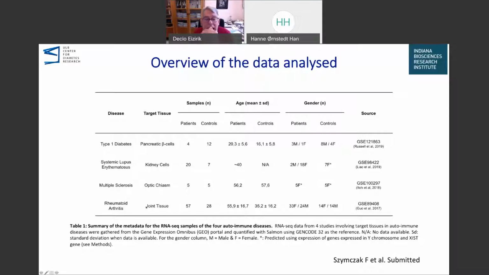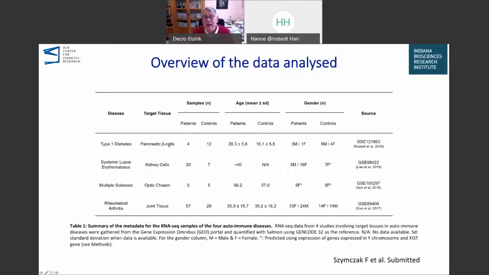And now there are, in the literature and in particular databases like GEO, data sets from target tissues of these diseases that you can download, process in your own pipeline, and study in a comparative way.